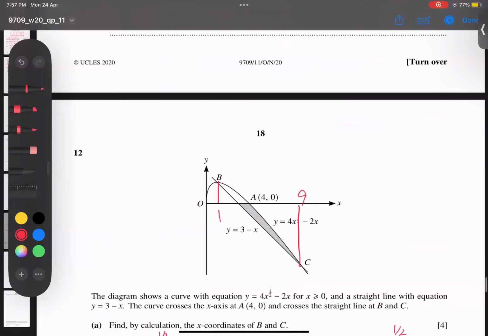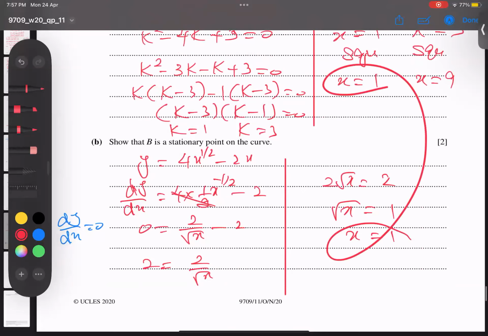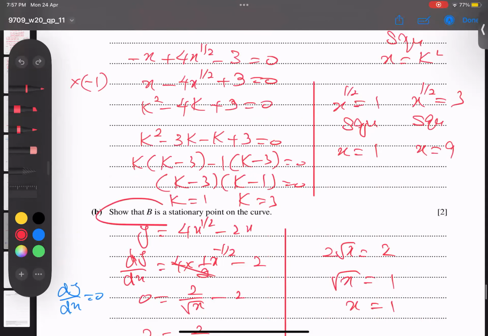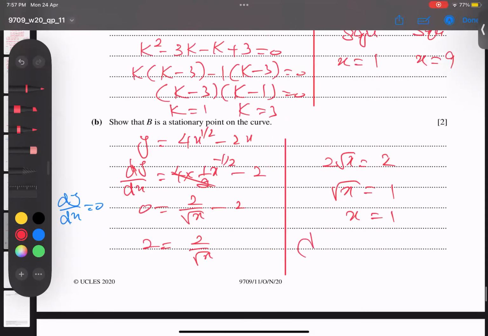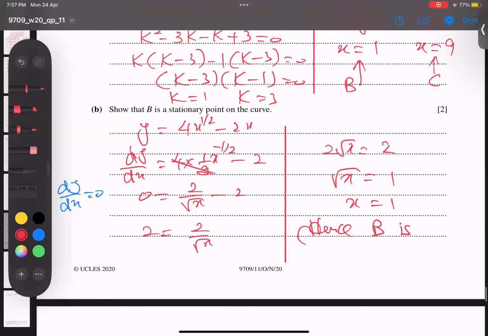When I take the square on both sides, I get 1 here, which matches the B coordinate. Okay, students, so he was asking to show that B is a stationary point. We can say hence B is, because this is the x coordinate of B. This is, I think, the C coordinate. So B is a stationary point.